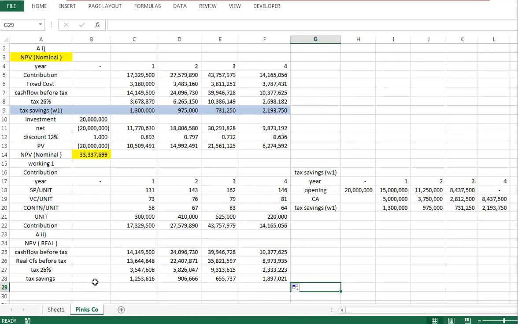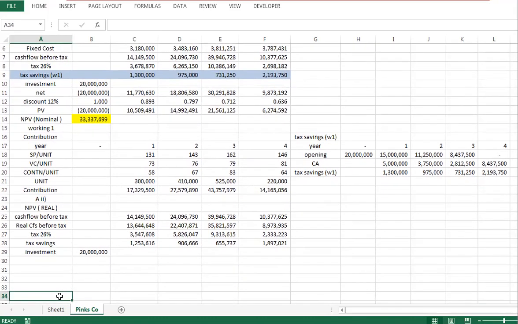Okay. Now, once you have the tax savings, I think the only cash flow that is remaining is the investment amount. I'm going to copy it here. The investment does not have any inflation because it's already in year 0, so we don't have to worry about it, right? And then we'll calculate the net figures.